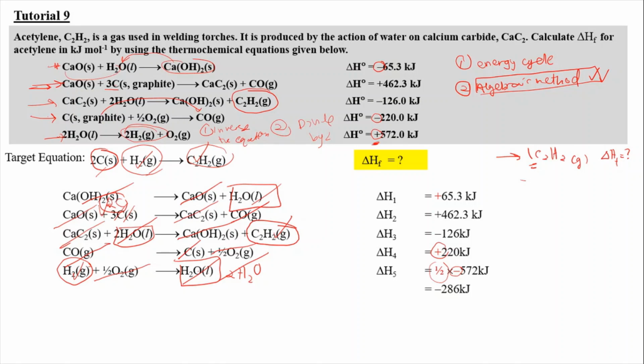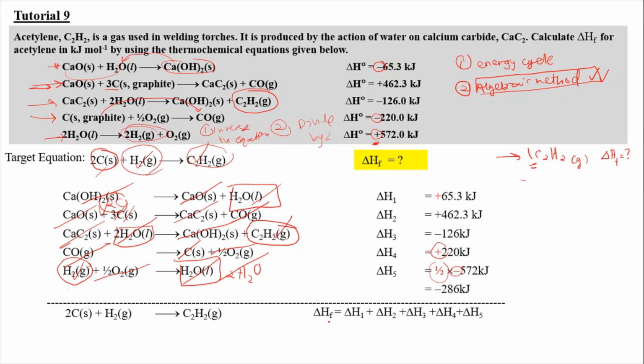What's left is 2 carbon plus 1 mole of hydrogen gas producing C2H2 gas. So I think we are on the right track. And delta HF can be calculated by adding up all the enthalpy changes that we have constructed from the thermochemical equations.